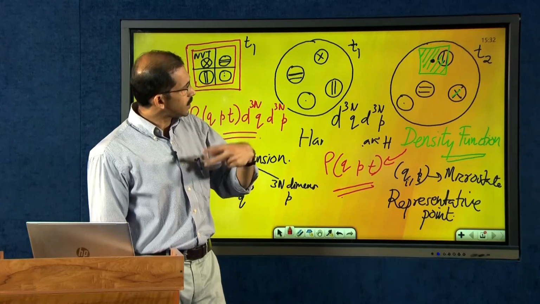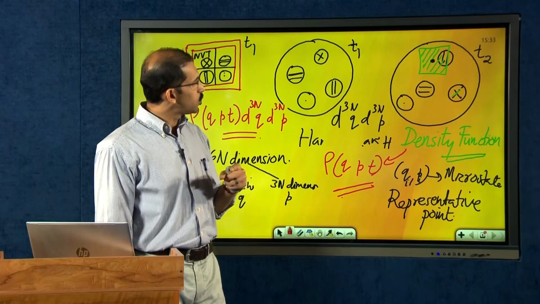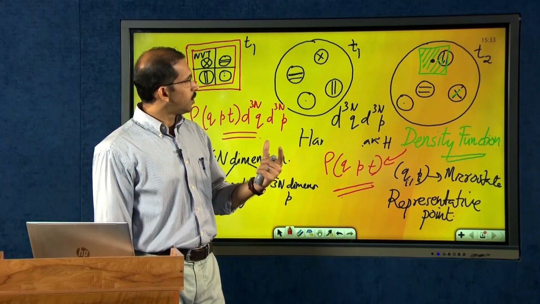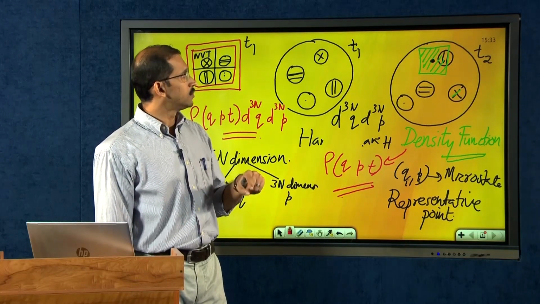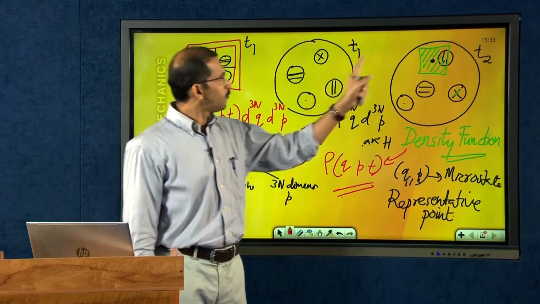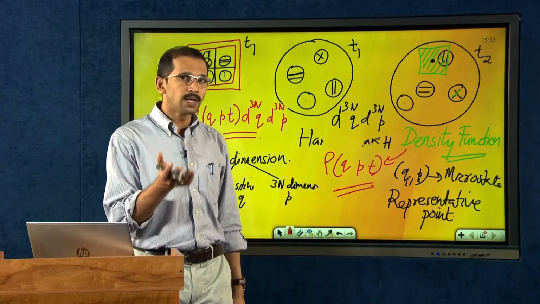Now at the next instant of time, say t3, I can ask you to recalculate the number of microstates, or the density function, for the same q p.